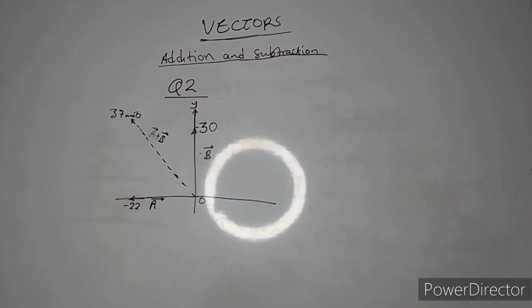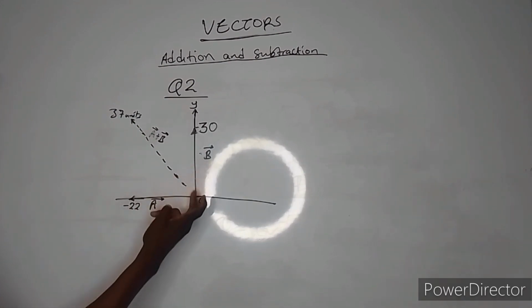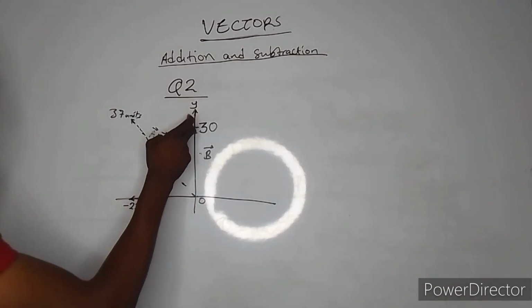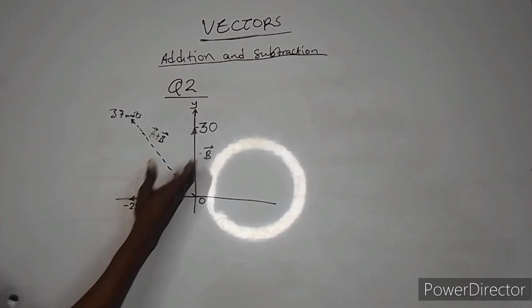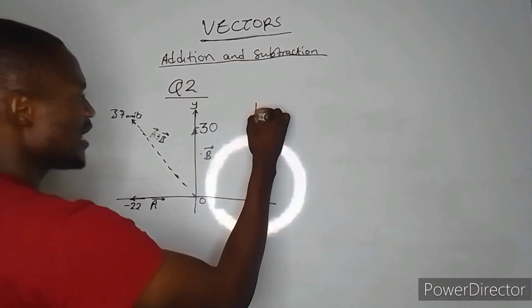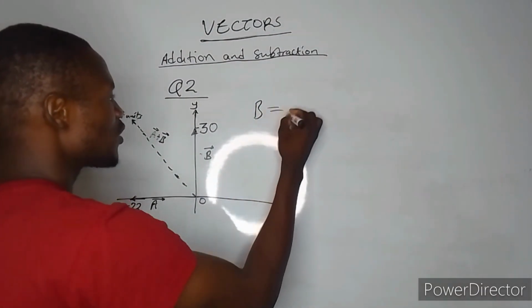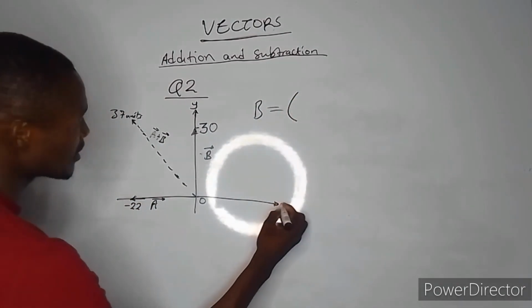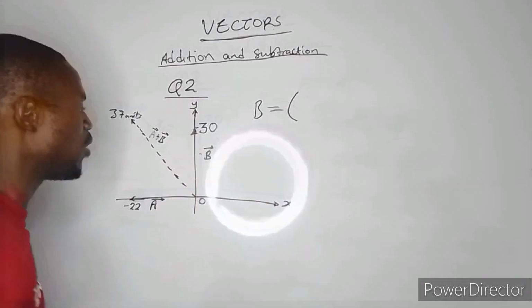Solve for B. Now, this question was really simple. Why was it simple? Because if we check B here, we can see that B is here, which means the values of B are these. So now, just breaking down this B into components, we find that B will be equal to, open bracket, and the x-axis. So remember, this is our x-axis, this is our y-axis.